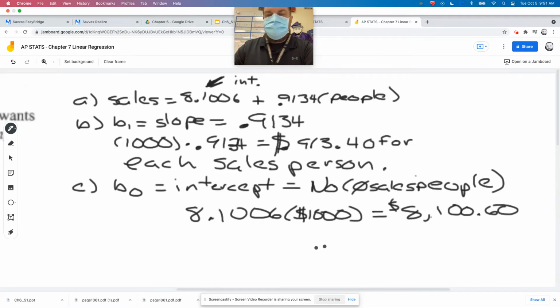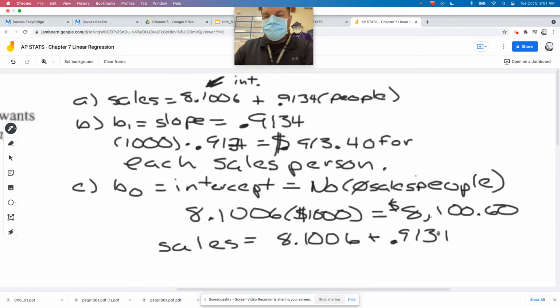Now, I kind of glossed over it, but think of it like this. Your sales would equal 8.1006 plus 0.9134. How many salespeople do you have? 0.